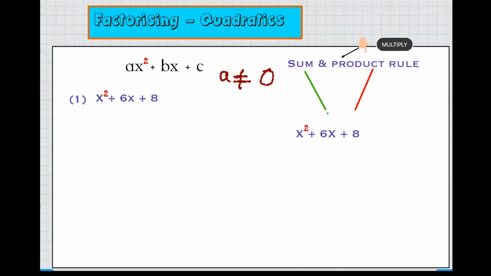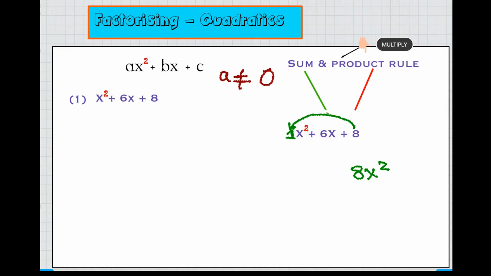First thing I'm going to do is times 8 with 1 here, in this case it's an invisible 1. So first thing, please times 8 with x squared, which gives us 8x squared.